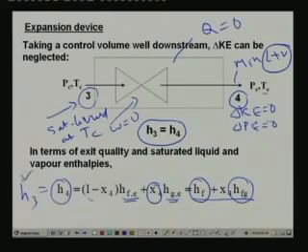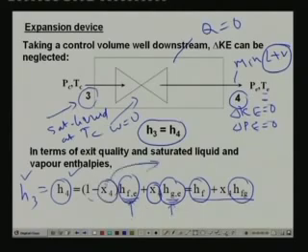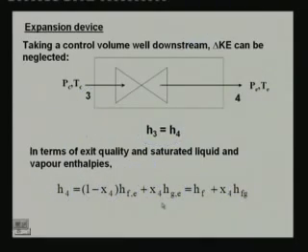H3 is known because this is the saturated liquid enthalpy. So H4 is also known, and HFE and HGE are saturated liquid and vapor enthalpies at evaporator temperature, which can be obtained from the properties. So using this expression we can find the quality of the refrigerant at the exit of the expansion device. That is the use of this equation.